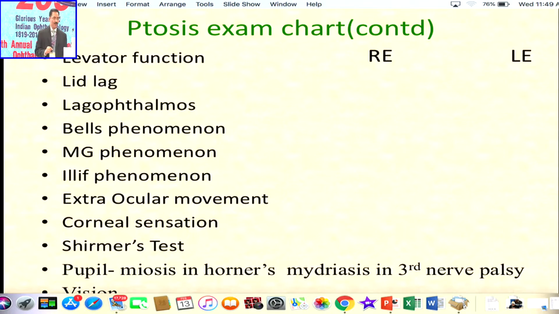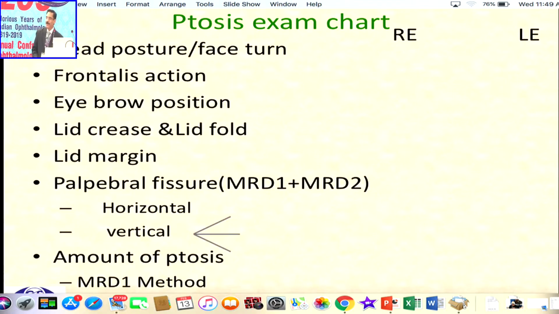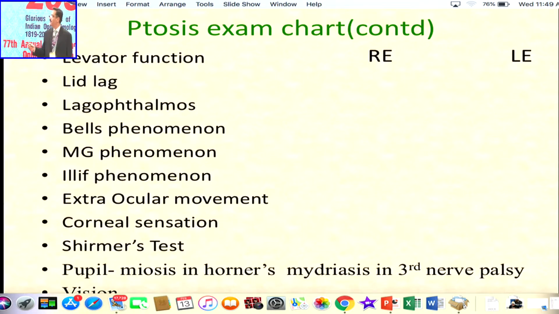So once again we revise the points in the ptosis chart. 5 points not related to ptosis: head posture, face turn, frontalis action, brow position, lid margin, lid fold. Then 2 points directly related to ptosis itself: palpebral fissure examination and amount of ptosis. 3 L: levator function, lid lag, lagophthalmos. 3 phenomena: Bell's phenomenon, Marcus Gunn phenomenon, Aliph phenomenon. 3 ancillary points not related to the lid: extraocular movements, corneal sensation, Sharma's test, and vision and pupil.